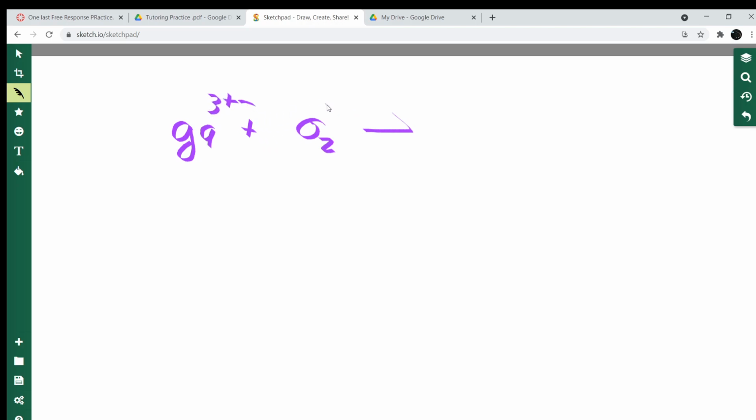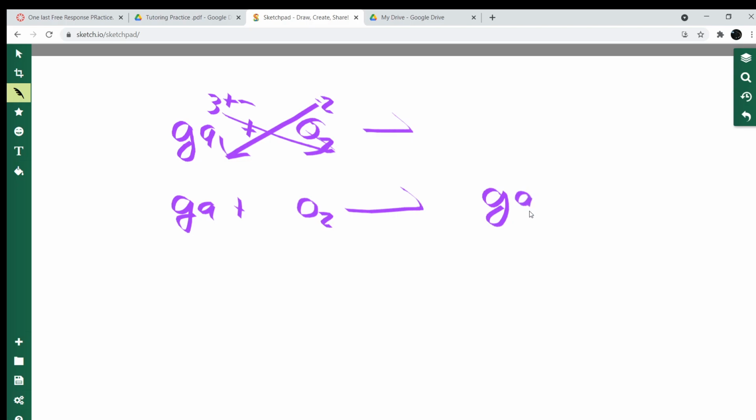And so it's probably going to go 3 plus, and I know that oxygen's going to be 2 minus. So we crisscross them, and we'll have gallium plus O2 makes gallium oxide Ga2O3.